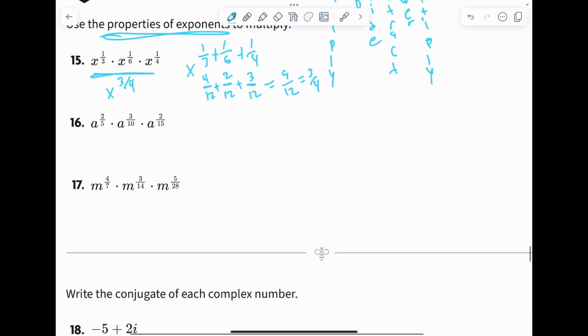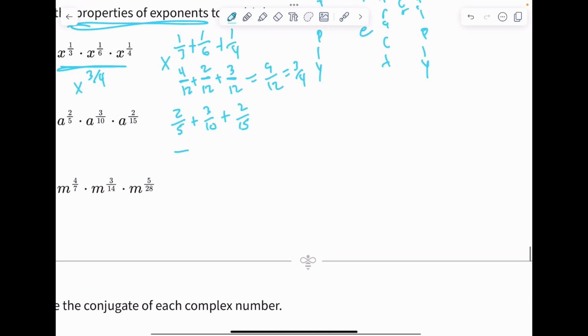Same thing here. I'm adding exponents: 2/5 plus 3/10 plus 2/15. I think 30 is my magic number. Where am I getting 30 from? I need to think about the common multiples. The least common multiple of 5, 10, and 15 is 30.